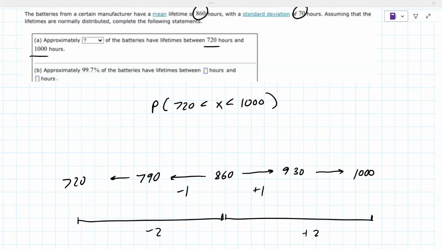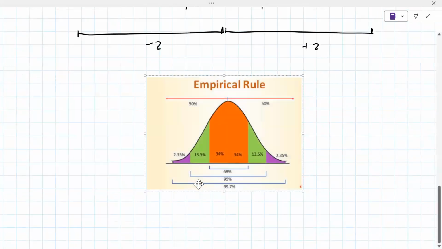They're showing you that 68% of the data is within one standard deviation, 95% is within two, and 99.7% is within three.